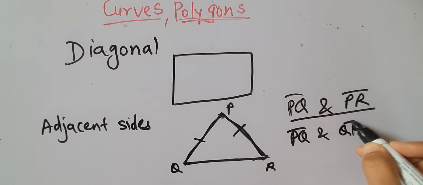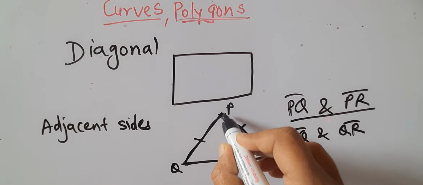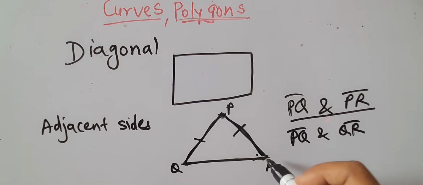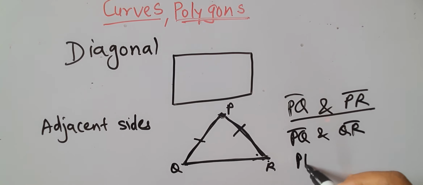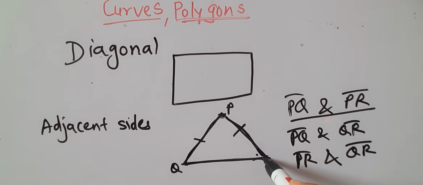So when we have PQ, PR with vertex P, we have PQ, QR with vertex Q. With vertex R, we have PR and QR. Okay, these are the adjacent sides. So the sides of any given shape which have a common vertex are known as the adjacent sides.